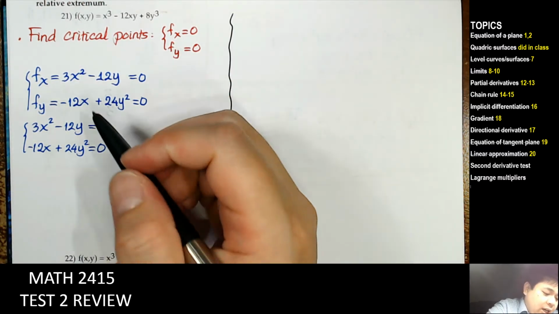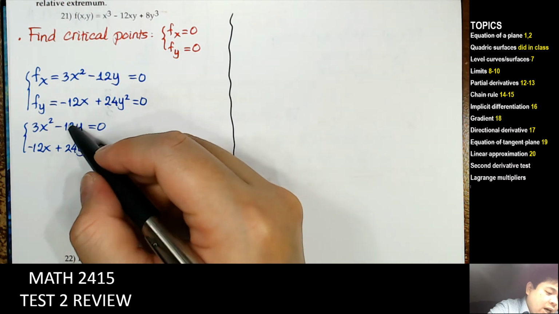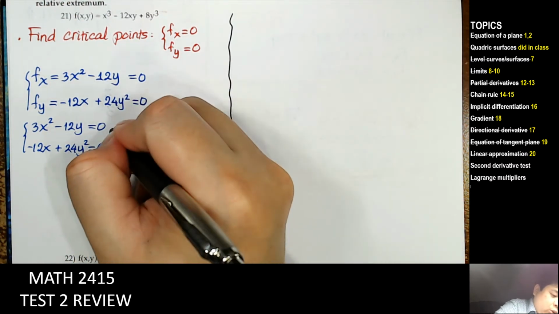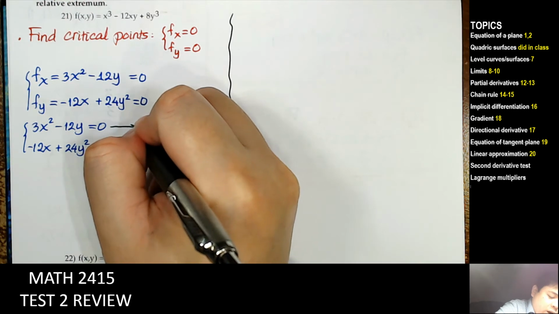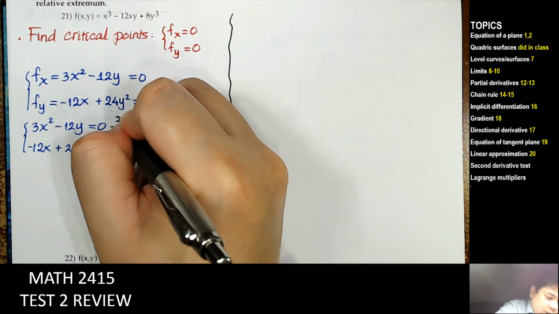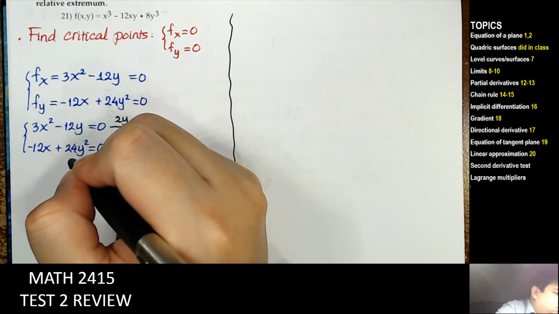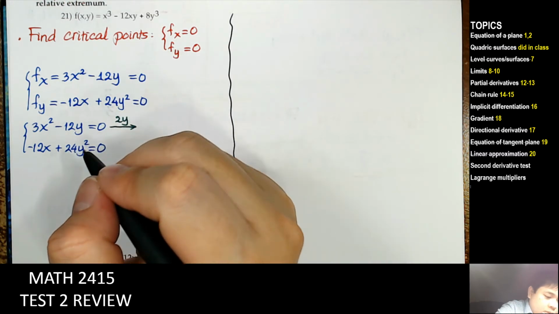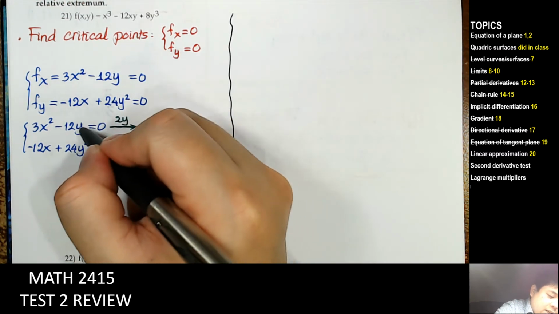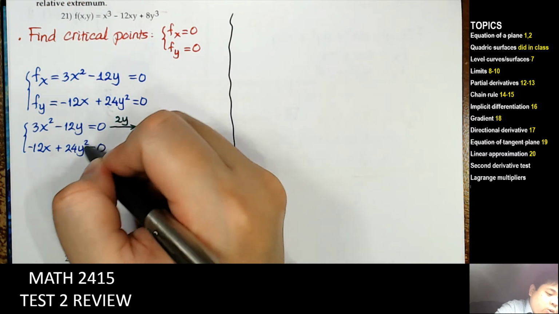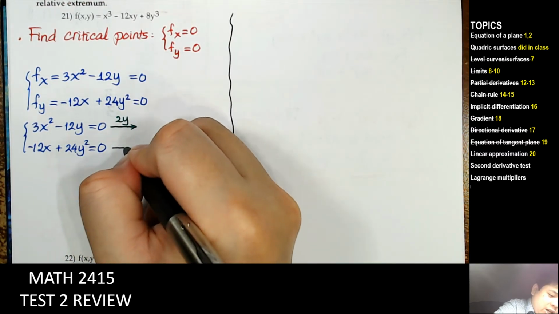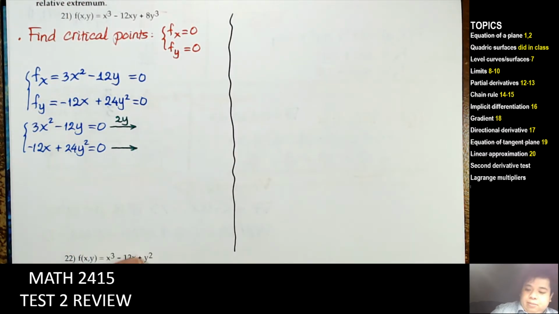So let's eliminate x and then solve for y, or eliminate y and solve for x. Either case. If I want to eliminate y, I try to make this the same. So I will multiply the top equation by 2y. In that case, that will give us negative 24y squared, which cancels. The second equation I'll keep the same.